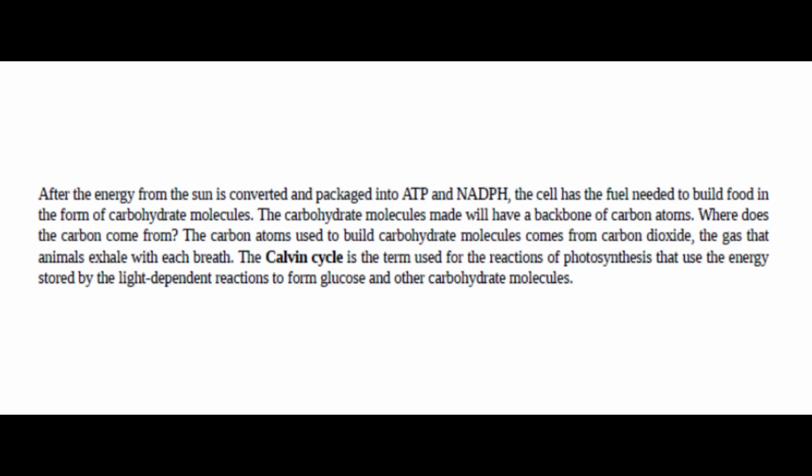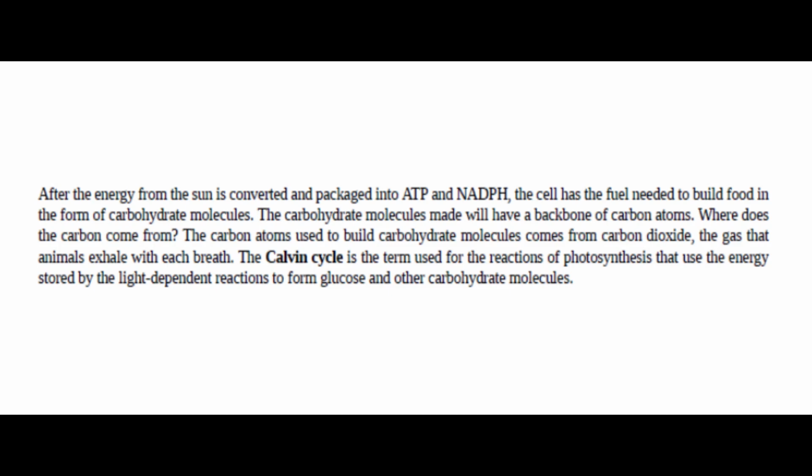After the energy from the sun is converted and packaged into ATP and NADPH, the cell has the fuel needed to build food in the form of carbohydrate molecules. The carbohydrate molecules made will have a backbone of carbon atoms. Where does the carbon come from?